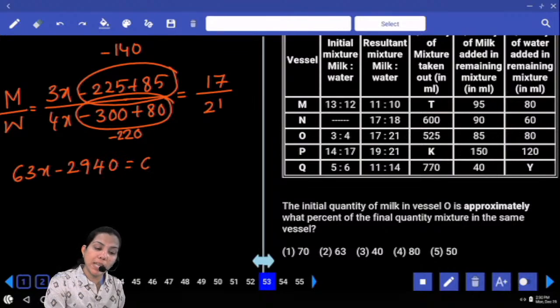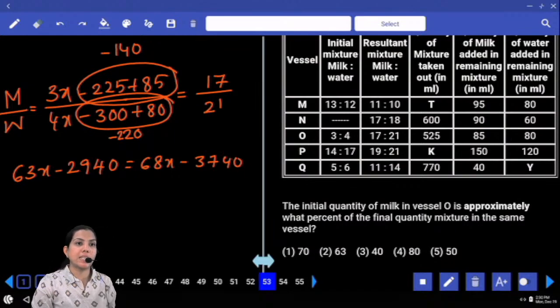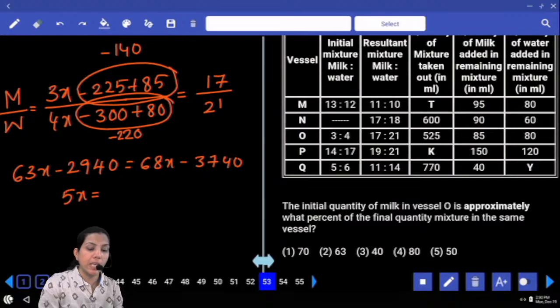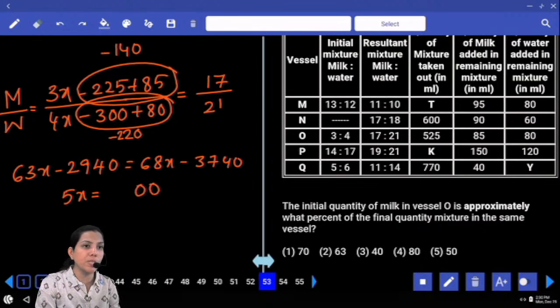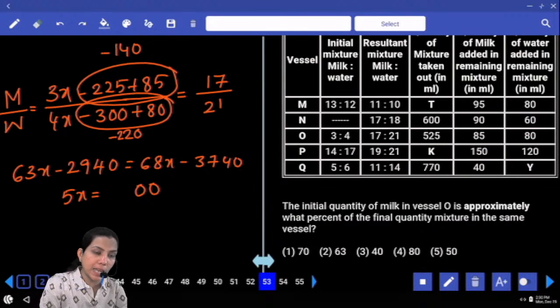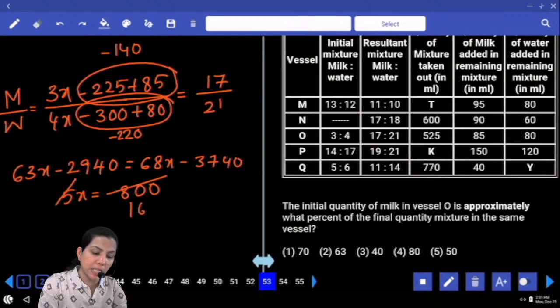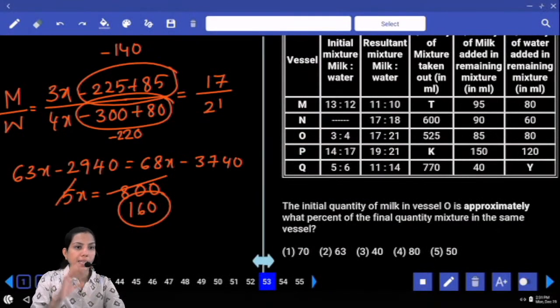And 17 4s are 68x minus 17 22s, 3740. 3740. 68x minus 63x difference is equal to 5x. 3740 and 2940, last two digits definitely 2 zeros కనిపిస్తున్నాయి. 3740 minus 2940 is 800. అంతే కదా, ఫైనల్లీ 800. 5x exactly how many times? 160. We conclude that 1x is equal to 160. ఇదైతే ఇంకా ఆన్సర్ అయిపోయింది.